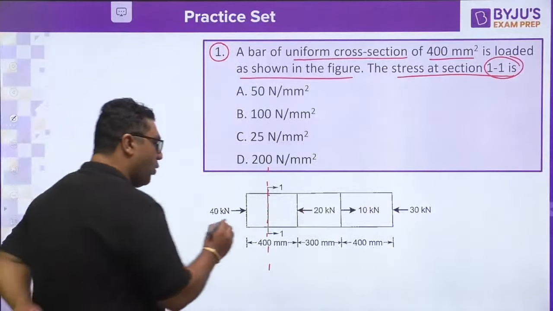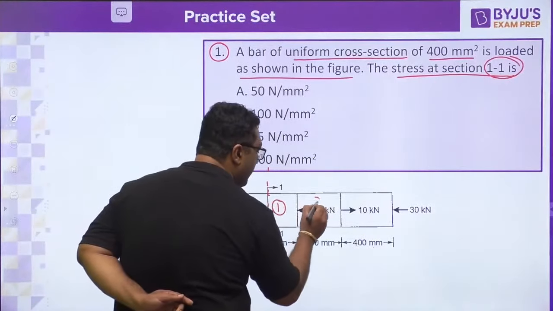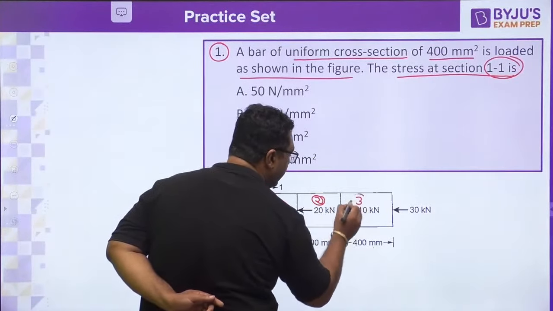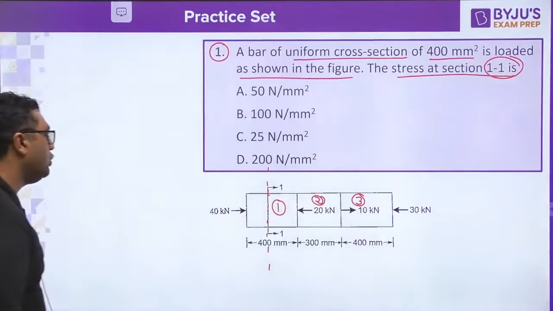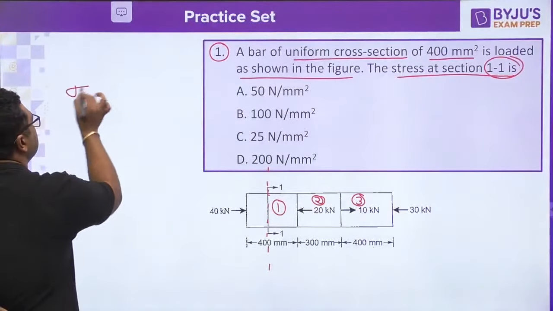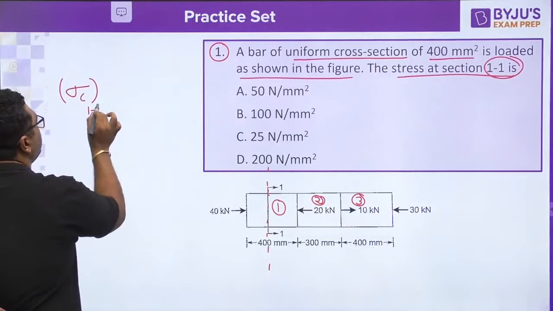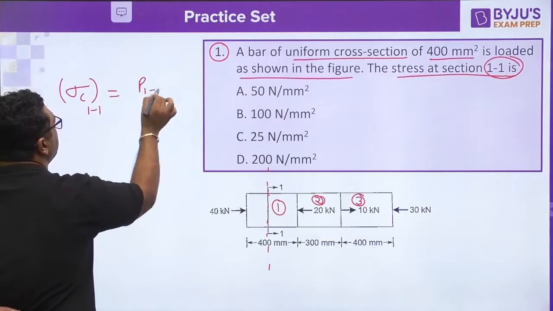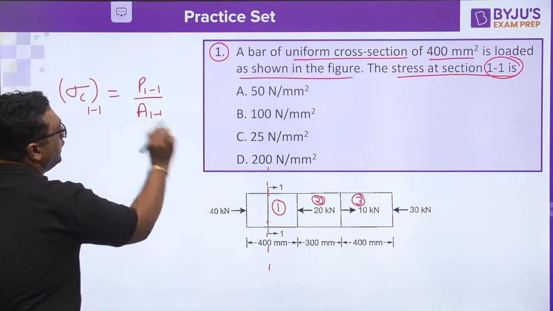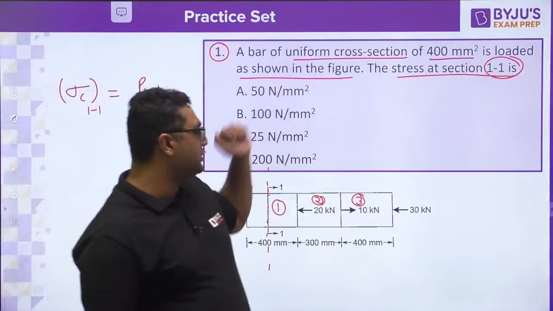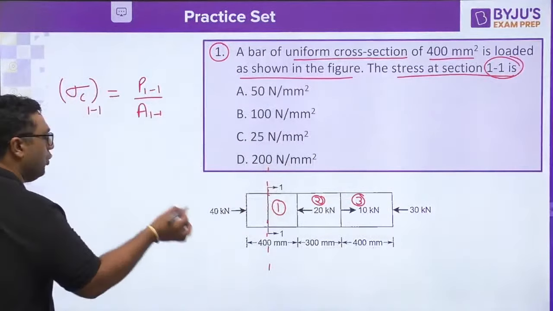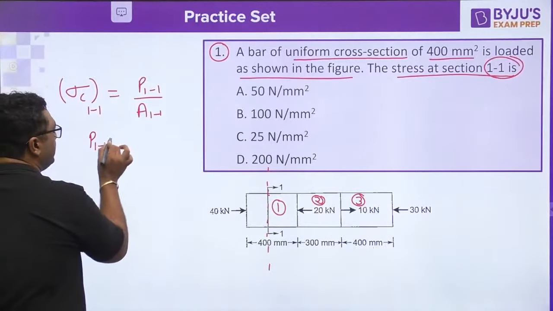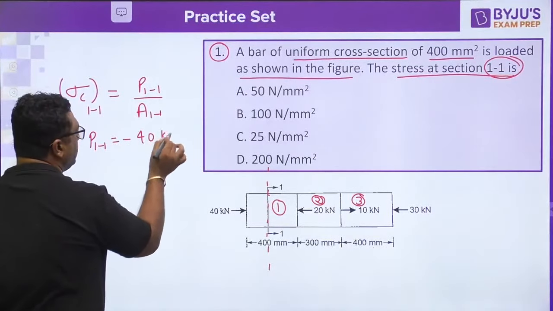If we call it bar 1, bar 2, bar 3. So my dear, if you want to write down the stress in member 11, it is going to be P11 upon A11. It is already mentioned that area is uniform throughout, and load P11 is equal to minus 40 kilonewton.